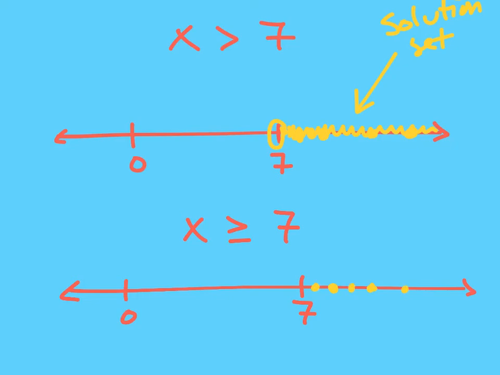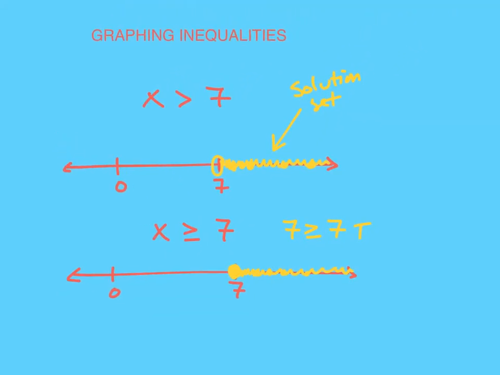The other thing that would exist is the number 7. I'm going to put a big solid, colored in circle at 7, because writing the statement 7 is greater than or equal to 7 is a true statement, since 7 is also equal to 7. And then I would still just shade to the right. So there's a small difference when we're talking about graphing inequalities.